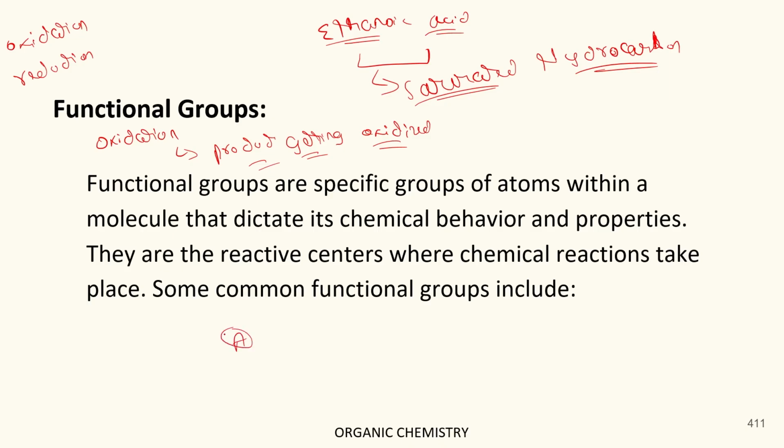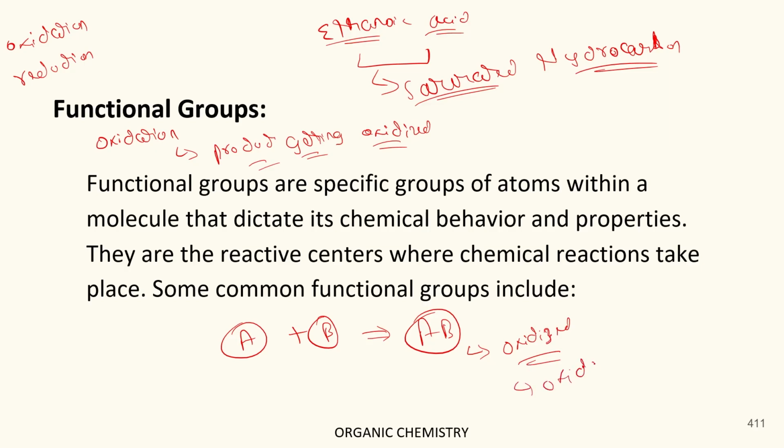For example, if A reacts with B and produces AB, these are the reactants and this is the product. Suppose in this condition, when they both react, the AB gains oxygen or gets oxidized. So it is an oxidation reaction in simple terms.